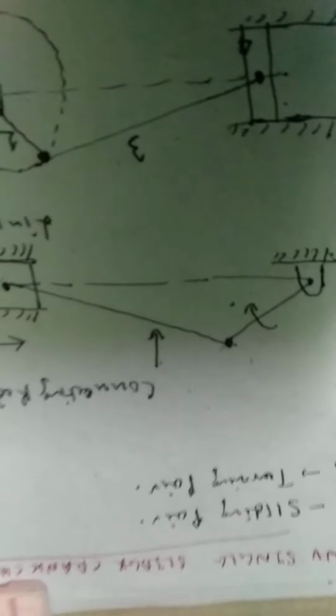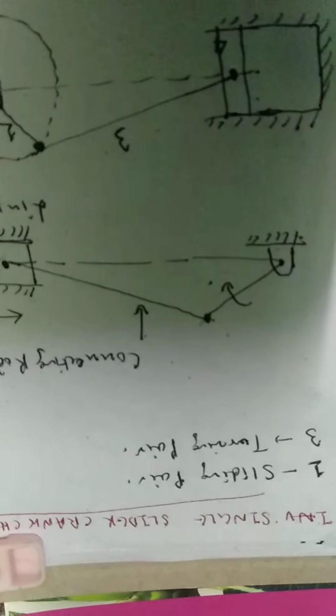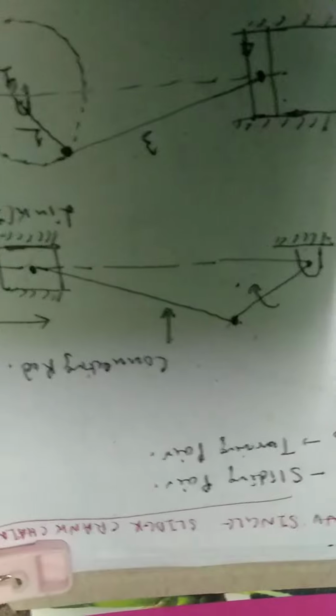You can see in this diagram there are 3 turning pairs, 1, 2, 3, and this is the sliding pair. This is generally found in the steam engine mechanism, and its purpose is to convert the rotary motion into reciprocating motion and vice versa.